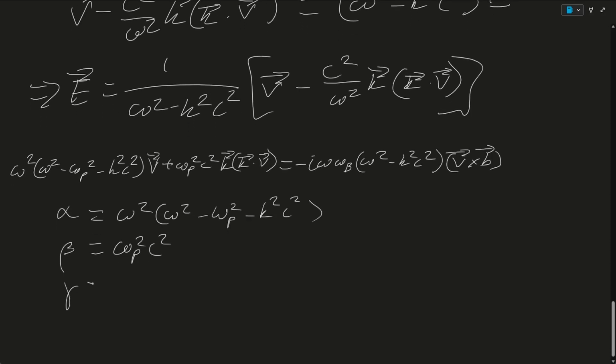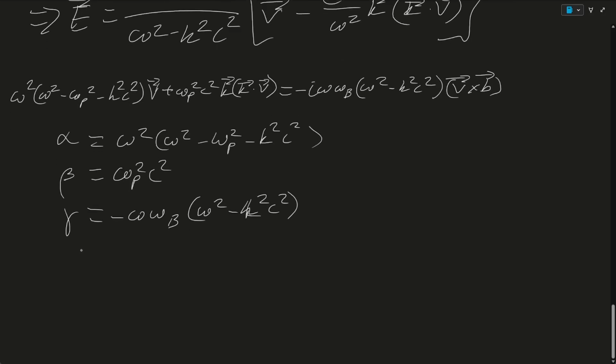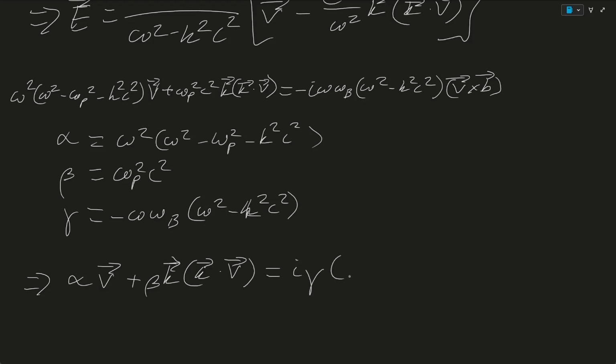And then gamma is minus omega B minus K squared C squared. Yeah, cool. So alpha V plus beta K dot V is I gamma V cross B.